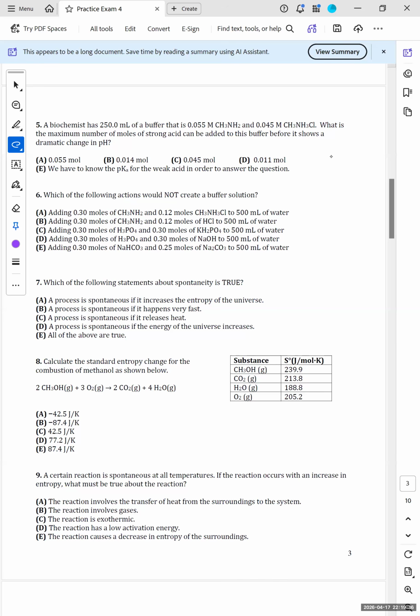I would say I got 250 milliliters here. I'm going to convert that to liters. And then I was given this information here. I would honestly just do dimensional analysis here.